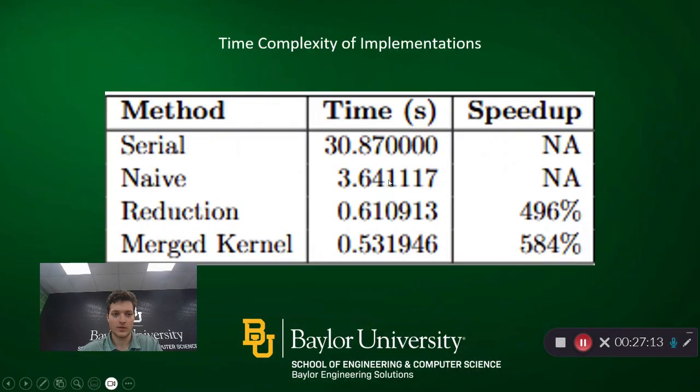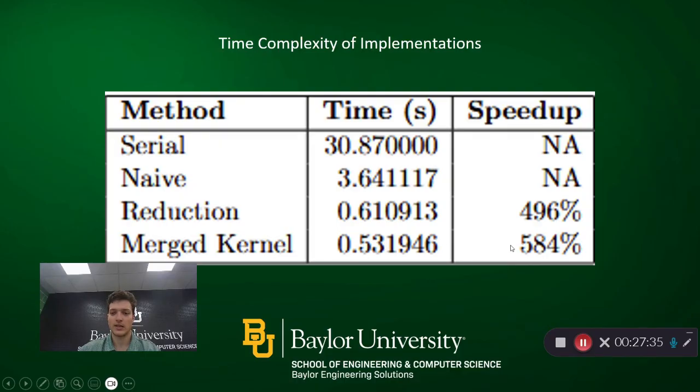All right, and looking at the final results of each implementation, the serial version was over 30 seconds, almost 31, and we had about a 6 times speed up down to the naive version, just parallelizing everything, just over 3.5 seconds. And then here's the reduction and the merged kernel.